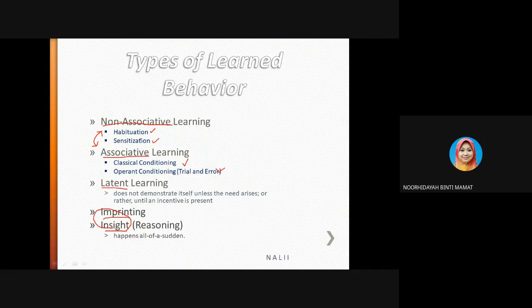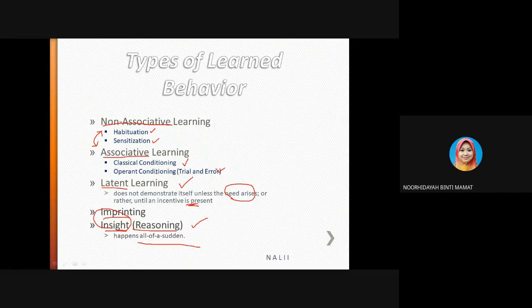So the non-associative has habituation and sensitization, while latent learning is the behavior that does not demonstrate itself unless the need arises. Later on we'll see detailed examples, or rather, until an incentive is present. And insight learning is the very complex, reasoned behavior, and it happens all of a sudden.